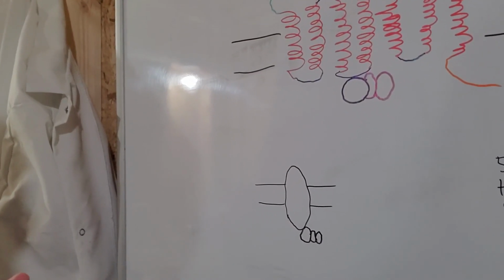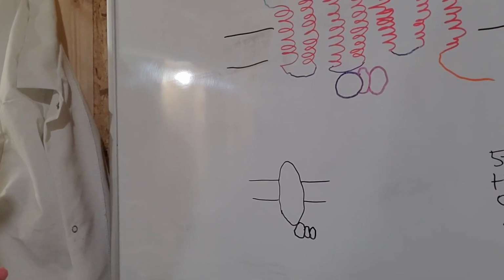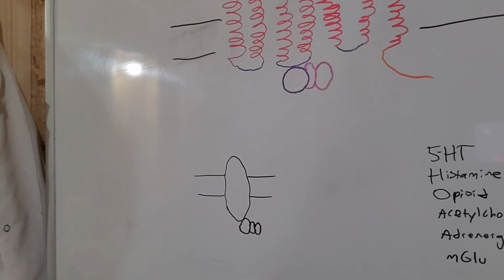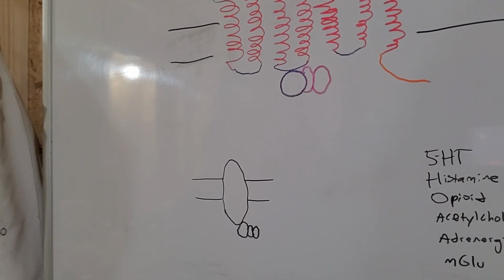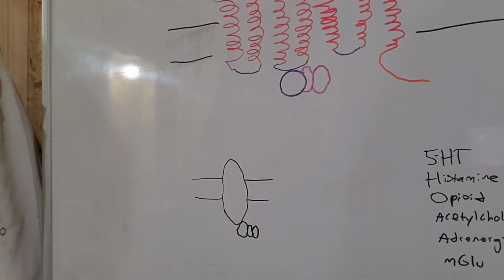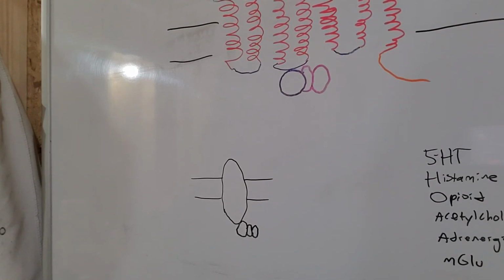If you haven't watched my video on ligand receptor interactions, I highly recommend watching it before this one, but it isn't totally necessary. If you have a good grasp on the basics of pharmacology and ligand binding interactions and receptors, then you should be good.